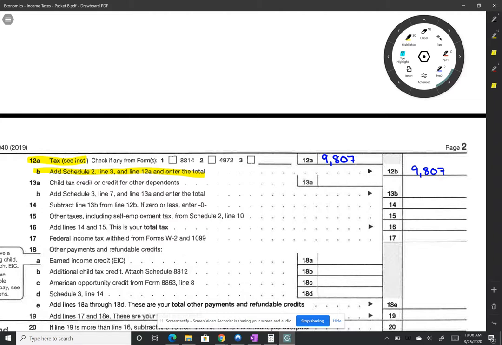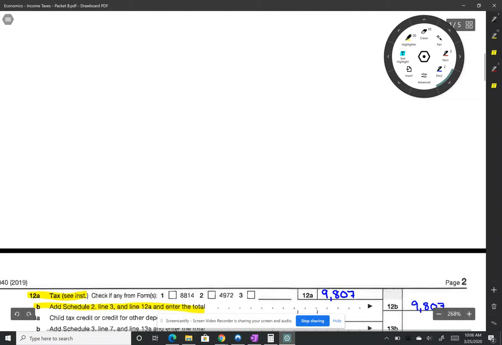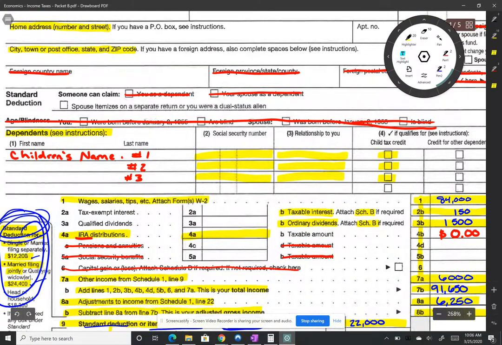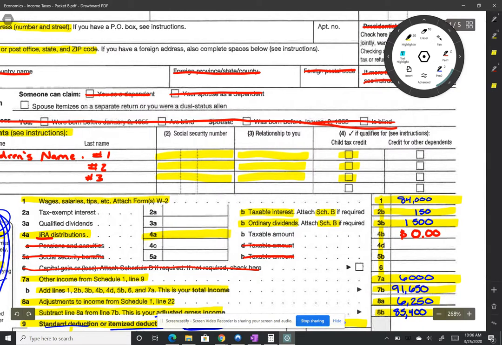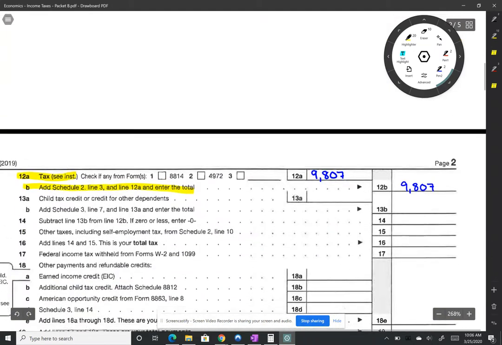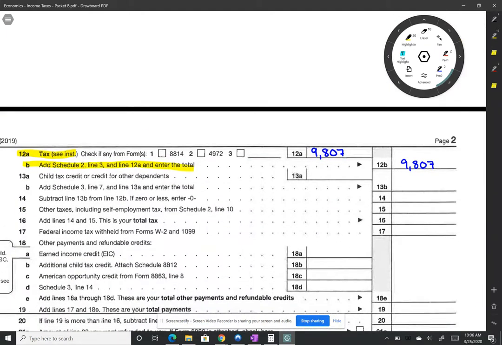Okay, tax credit or credit for other dependents. So tax credit, we said we put 3 people here, 3 children here. Let's assume they all qualify. Okay, let's just go ahead and assume that they all qualify in here. The child tax credit for qualified individuals is $2,000 per dependent.